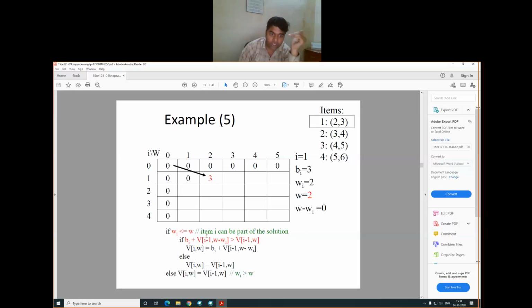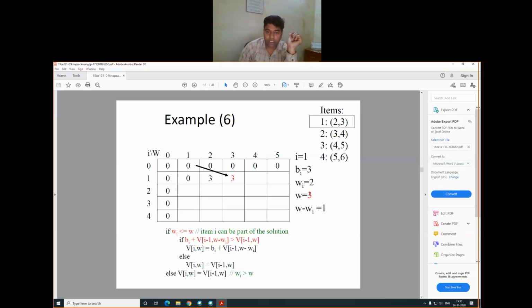Then we check whether this condition is true or not. So the first condition is true there. It means if b of i plus V[i minus 1, w minus w of i] is greater than V[i minus 1, w], this case is true at that particular stage. Okay, so this is equal to 3.